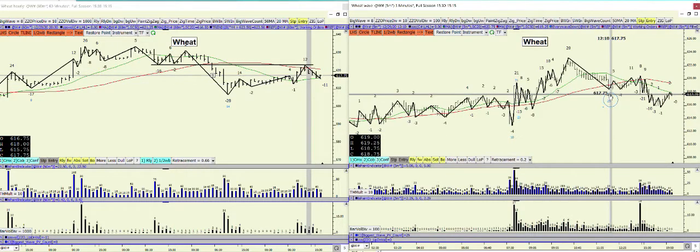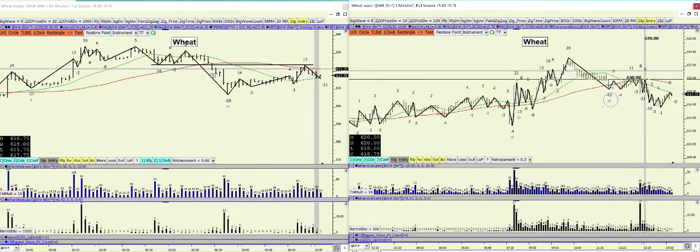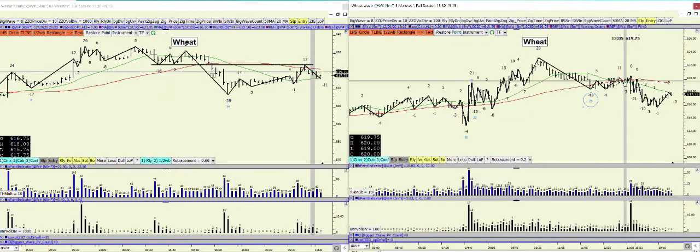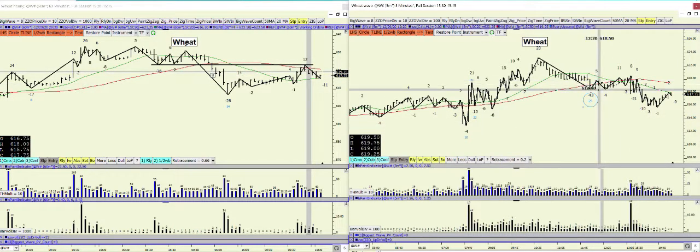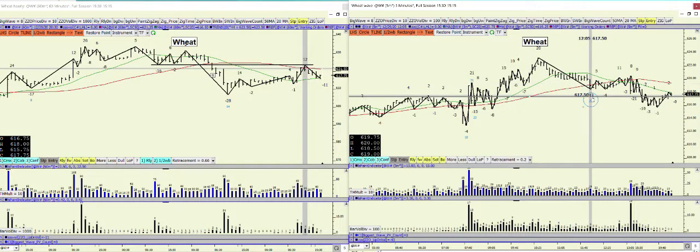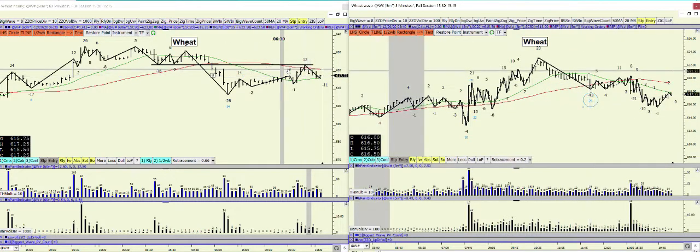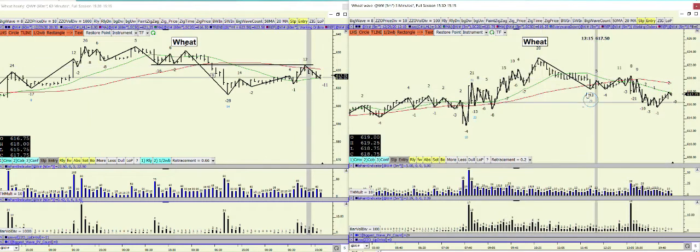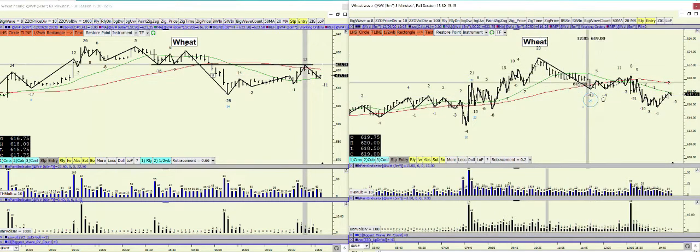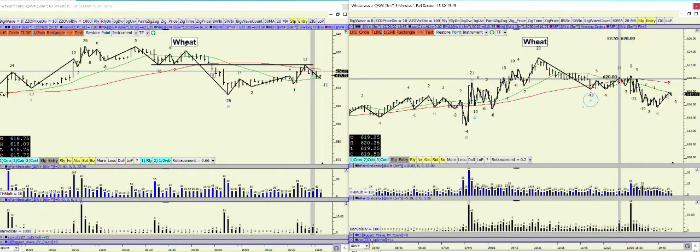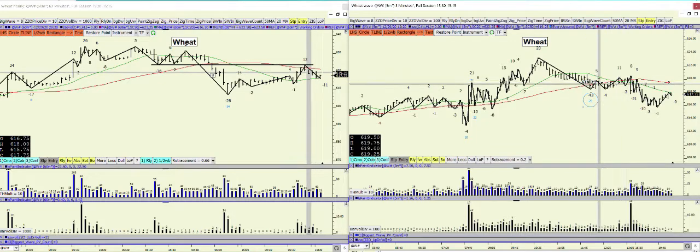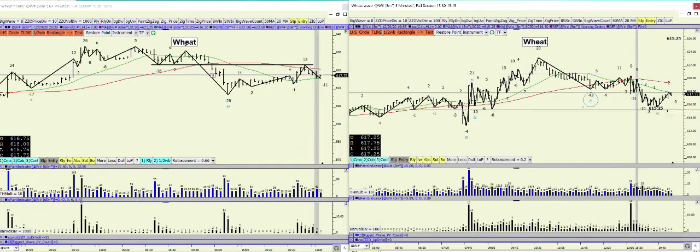Look at the volume that came in, and it went ding, ding, ding, and break. So it's a short, in my opinion, because you could see that on the test of the breakdown, the selling pressure on wheat came in, and look at this bar on heavy volume, unable to go higher, minor upthrust of this range, and it's going to go down.